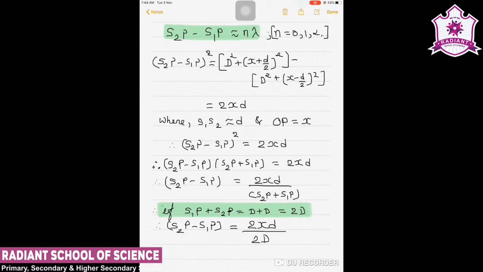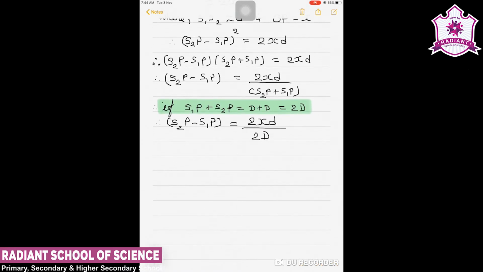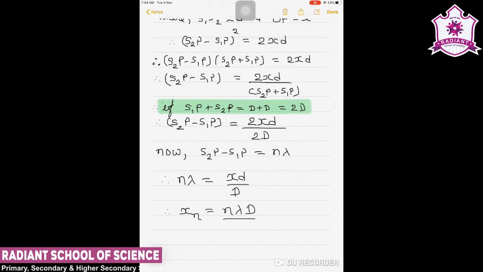Since S2P minus S1P is equal to n lambda, n lambda is equal to xd over D, and if we make x the subject, for any number xn we have n lambda D over d.